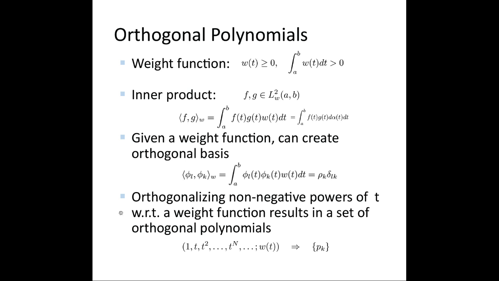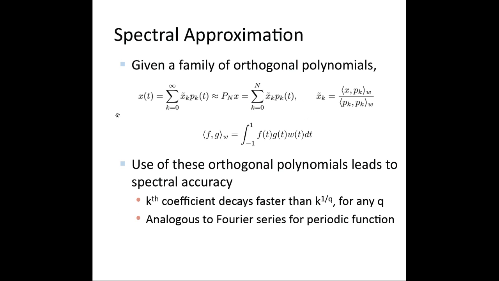So for such ways of generating polynomials, there are often systems of ordinary differential equations that the polynomials in the basis satisfy. Now, given a family of orthogonal polynomials, pk, we can express any function x of t as a polynomial series with coefficients x tilde k.